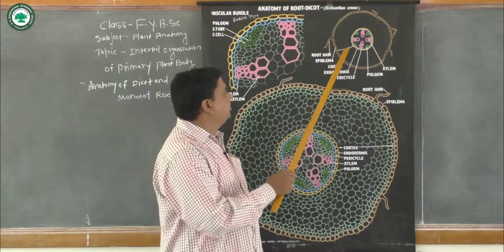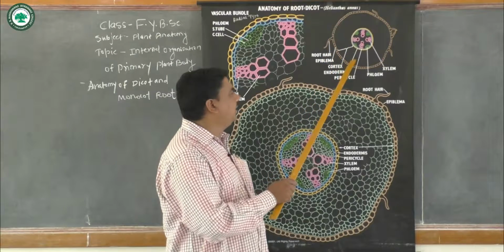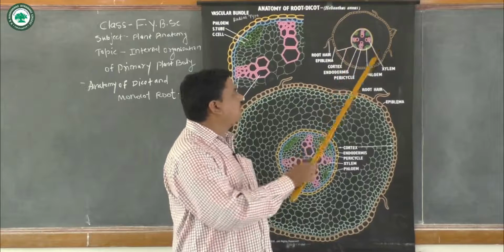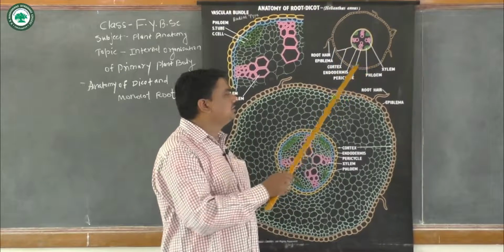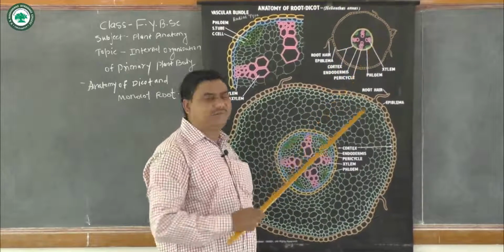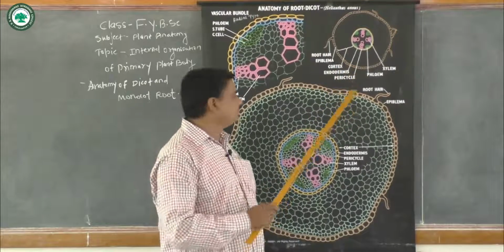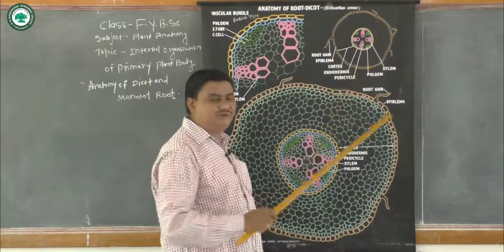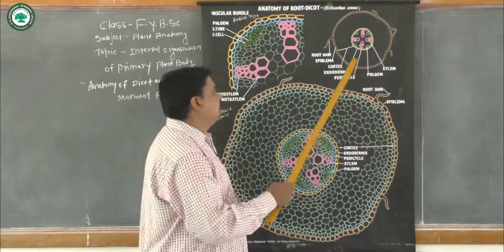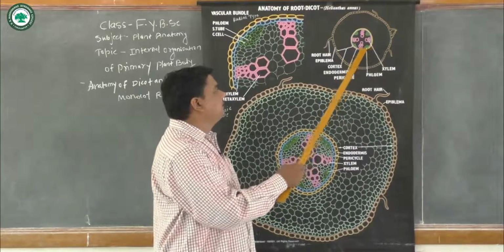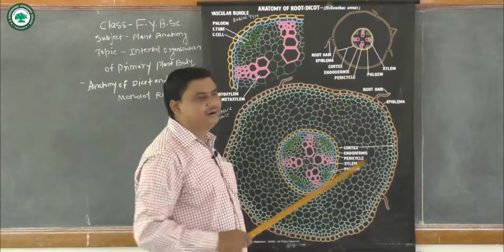Just below the epidermis, next to the epiblema, there is the cortical region, made up of parenchymatous cells. We will see the detail. Then in the center there is the vascular bundle.